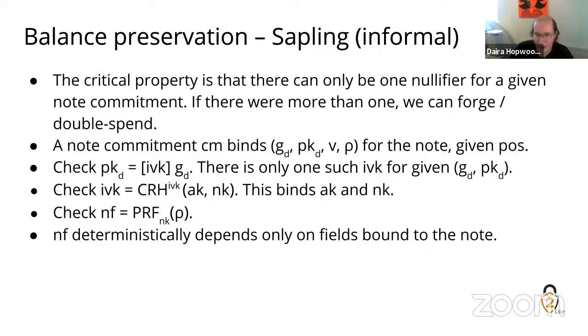And then the IVK is derived from the full viewing key, AK and NK. And this is a collision resistant hash. So we know that there's only one AK and NK for this commitment. And then we derive the nullifier deterministically using this NK. There's only one of these possible, and rho, again, only one of these possible. So we know that there's only one nullifier for a given note. And this is for Sapling. So next slide.